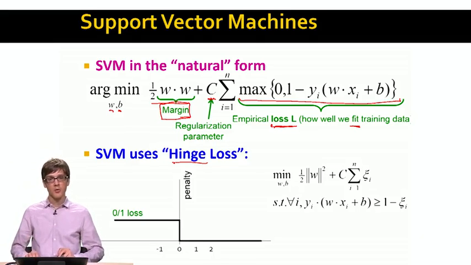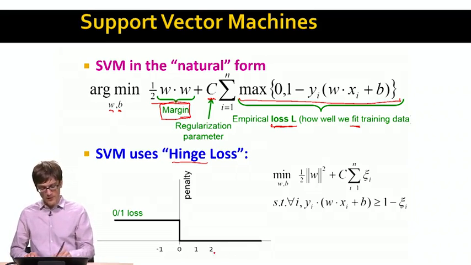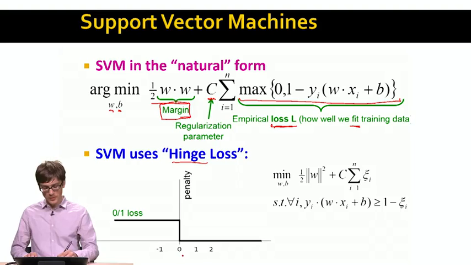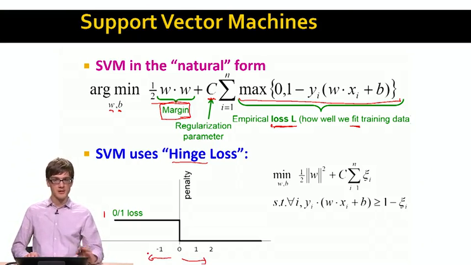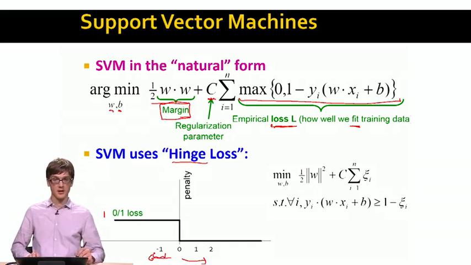The reason why we call it the hinge loss is the following. If we have our classification, and on the y-axis we plot the penalty, the idea would be that if we misclassify, we obtain a penalty of 1. Misclassification means that we predicted one class and the true class was of the other sign, so the product of the two signs is negative.